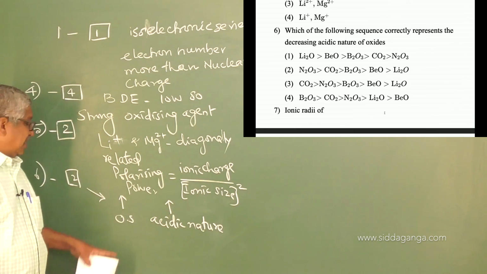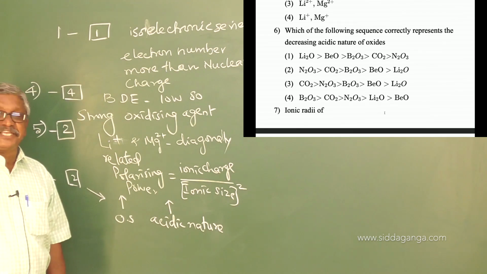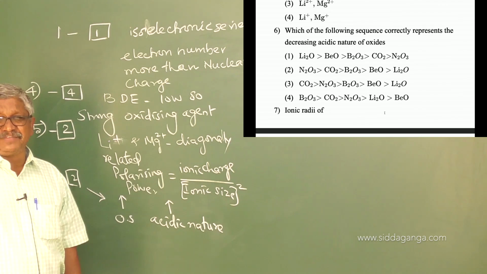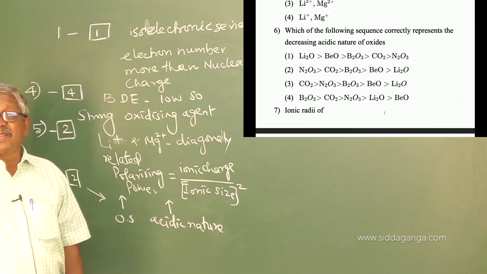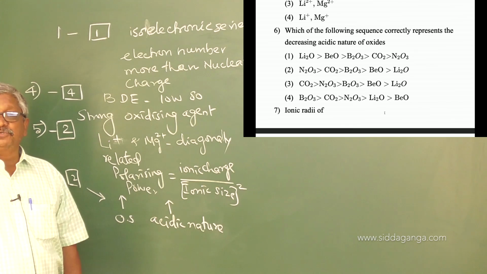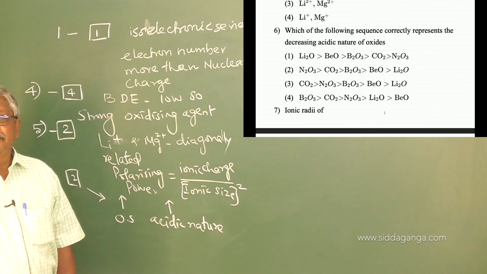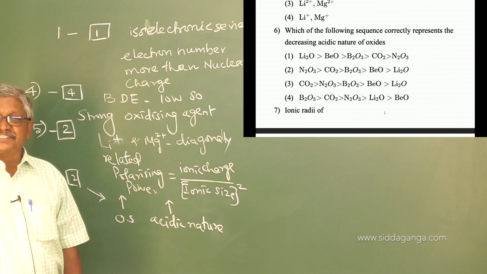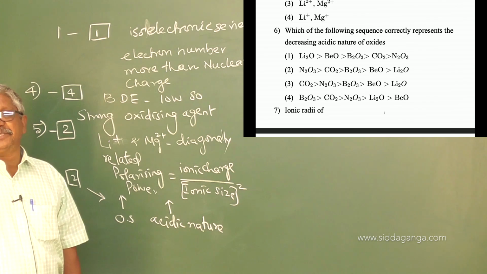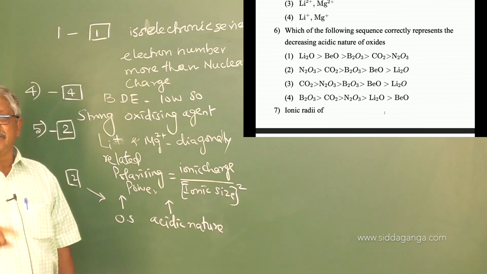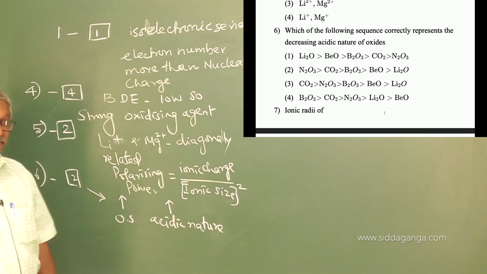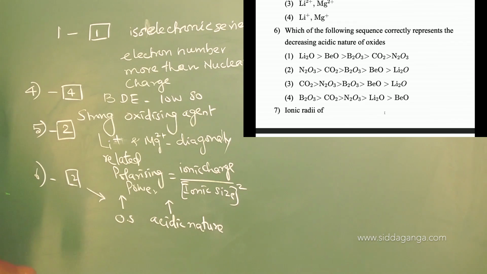So in option 2, nitrogen's first value is +5, last value is +1. If oxidation state increases, acidic nature also increases. So option 2 is the right answer for the 6th question.